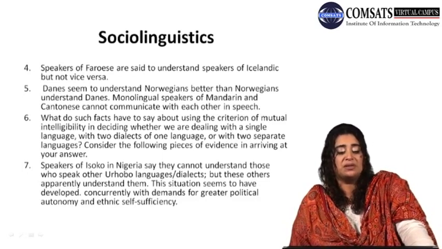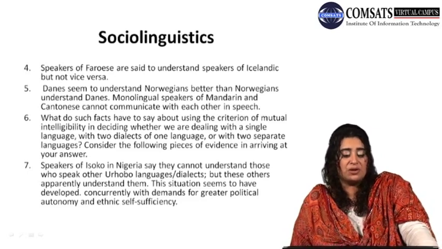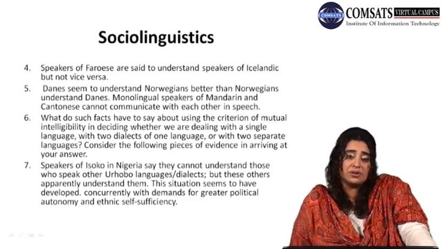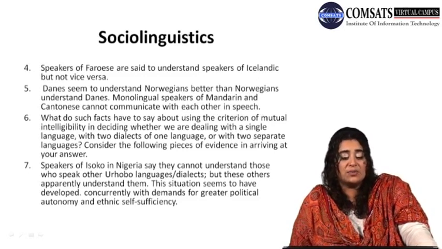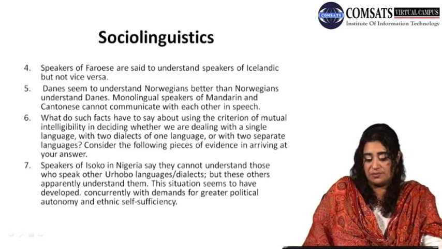Consider the following pieces of evidence in arriving at your answer. Speakers of Isoko in Nigeria say they cannot understand those who speak other Urhobo languages or dialects, but these others apparently understand them. This situation seems to have developed concurrently with demands for greater political autonomy and ethnic self-sufficiency.